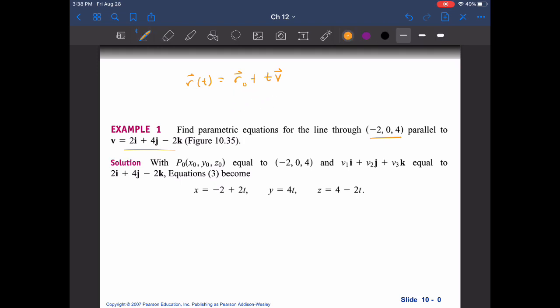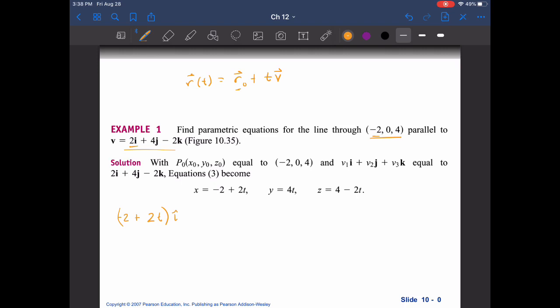And so we can do that pretty simply. Just go through and do what we did before. We're going to go through and do this for each one. We're going to take the x component first, and so we'd get 2, and we're going to multiply it by t, so 2t, and then we're going to add on this negative 2. That's the r naught part, right? And so negative 2 plus 2t, and that's the i direction.